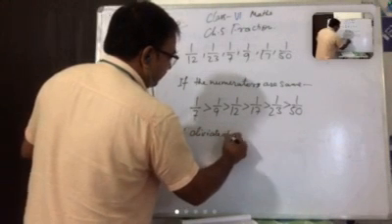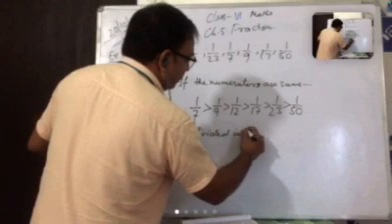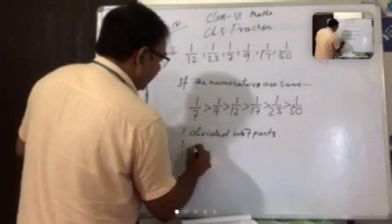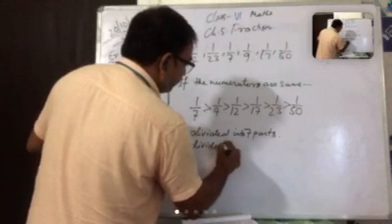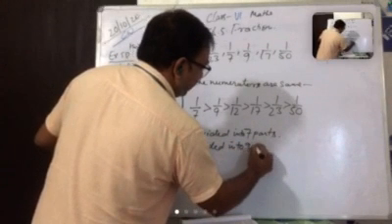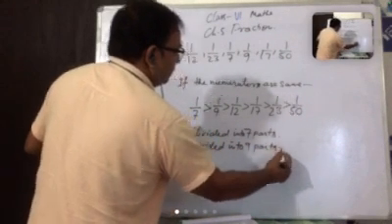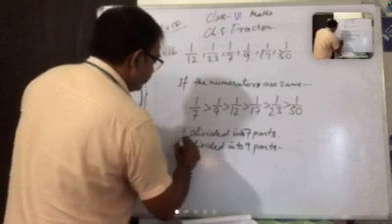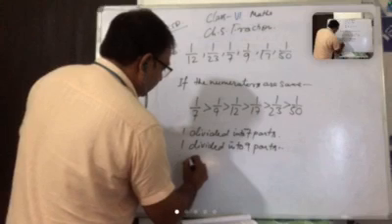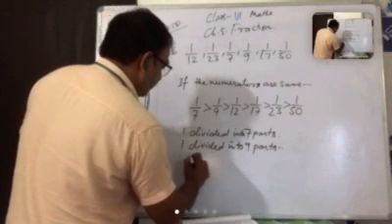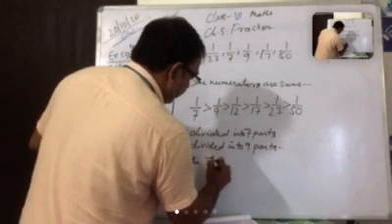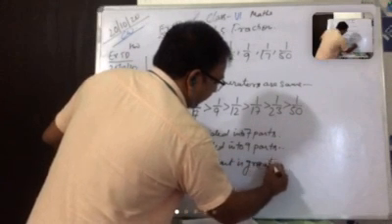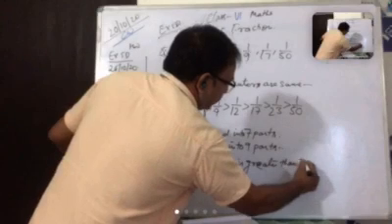1 divided into 7 parts, 1 divided into 9 parts, and so on. It means therefore the seventh part is greater than the ninth part.